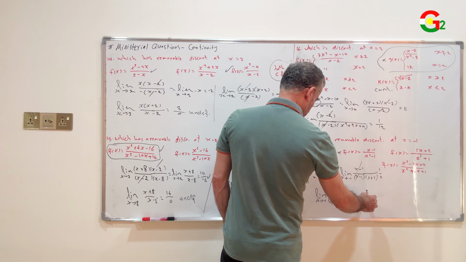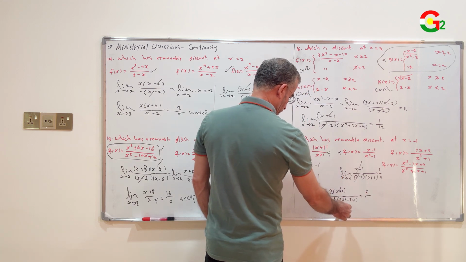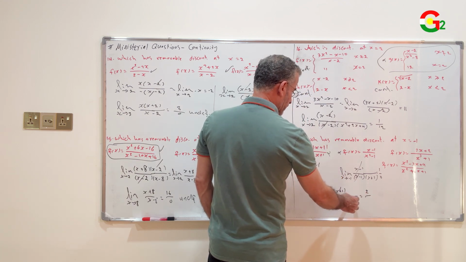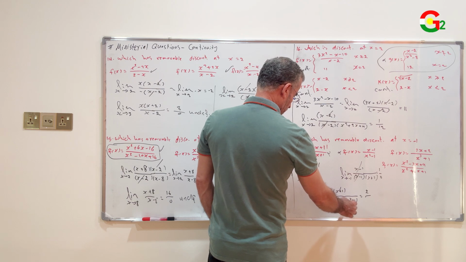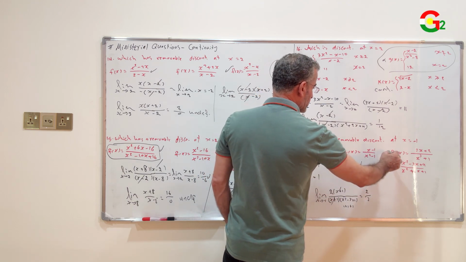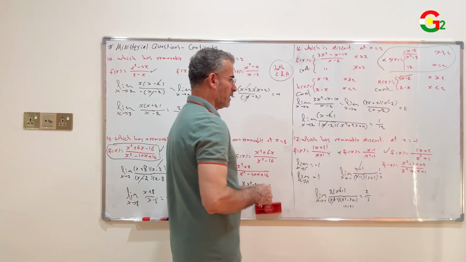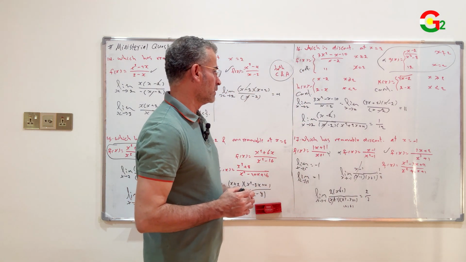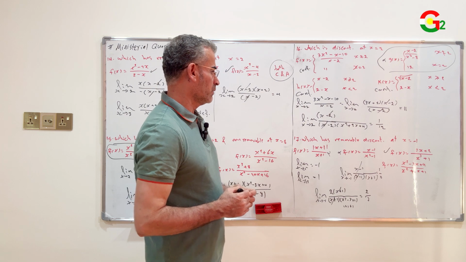The answer is 2 over negative 1 squared, 1, negative times negative 1, plus 1, plus 1, 2 over 3. This function has a limit when x approaches negative 1, so it has a removable discontinuity.